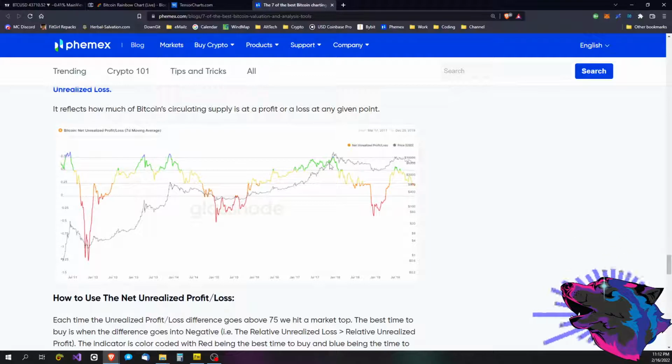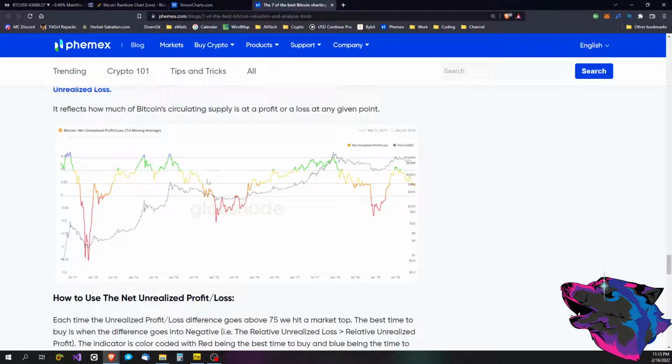If a lot of people are buying the top, FOMOing in, as soon as this pulls down, you're going to have more toward the loss side. And here's your zero line right there. So when you're up above here, that says most Bitcoins in circulation are in profit. And obviously, if you're at the all-time high or at the peak, pretty much anything purchased prior to that day or hour is going to be in profit.